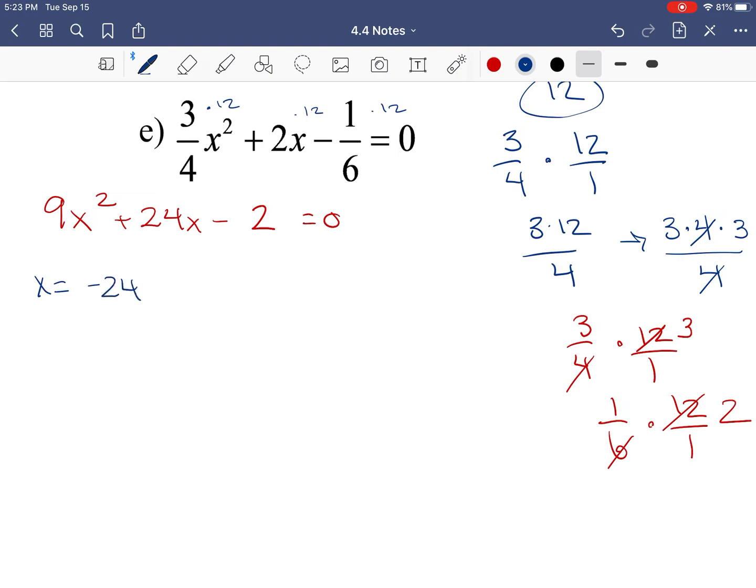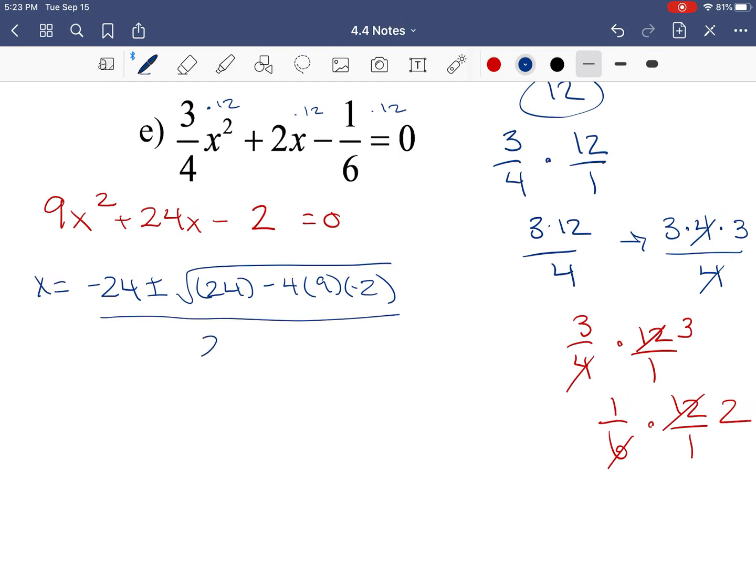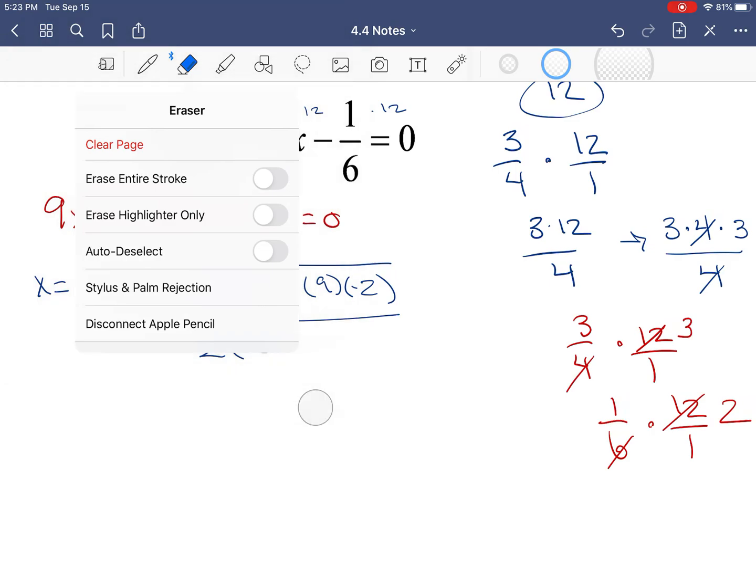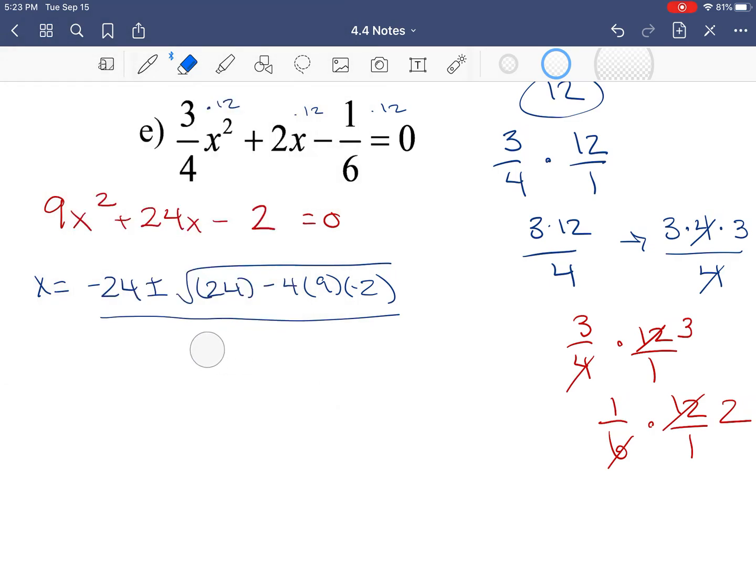So again, x is equal to negative b plus or minus the square root of b squared minus 4ac, all over 2a, but in this case, a exists.